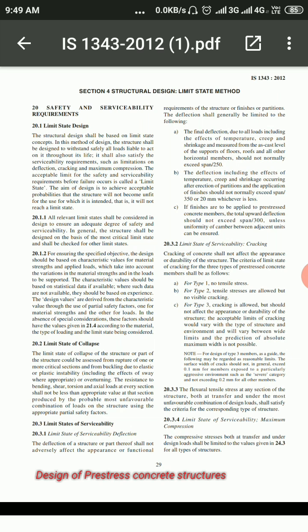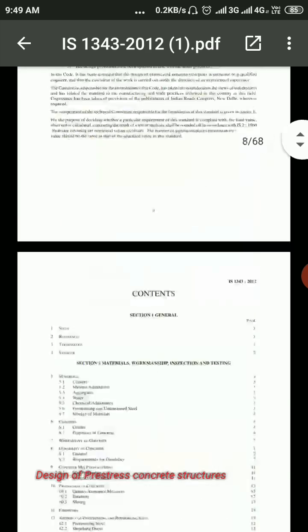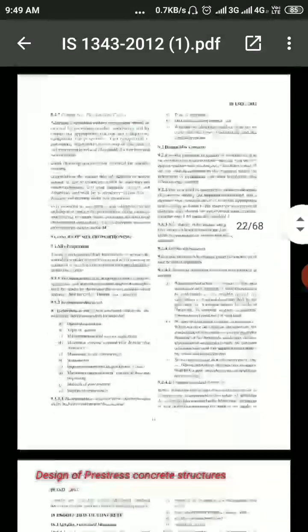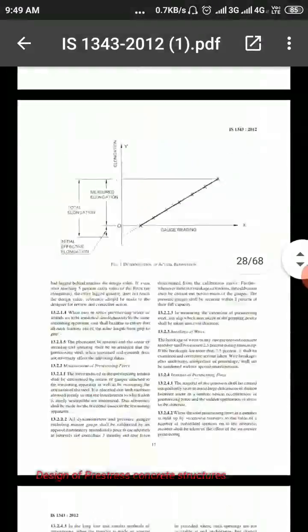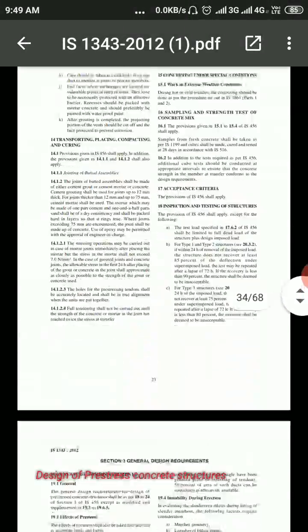In prestressed concrete slab there are one way and two way slabs that we are going to design. We have seen the design part in our SD2 subject, the design of normal concrete slabs using IS 456.